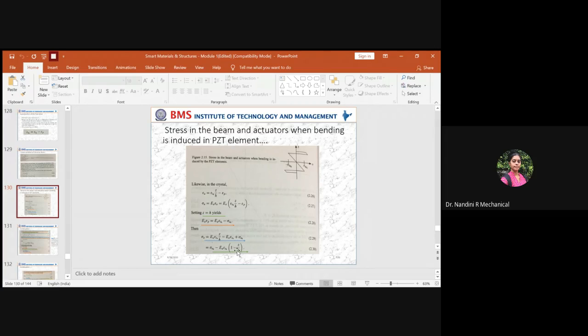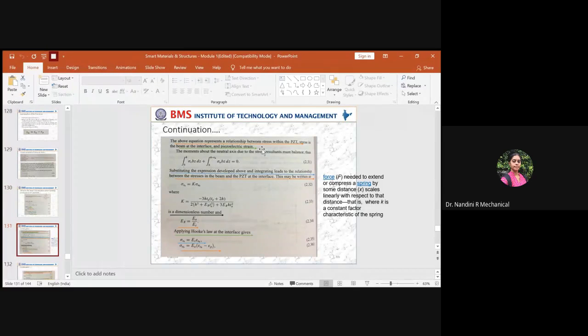What do you mean by interface? We have studied the interface relation also between the actuator and the structure in the previous class. So all variations that happen across the interface of the structure and the actuator is yielded in this equation in terms of stress and strain. So that is what is being told over here.